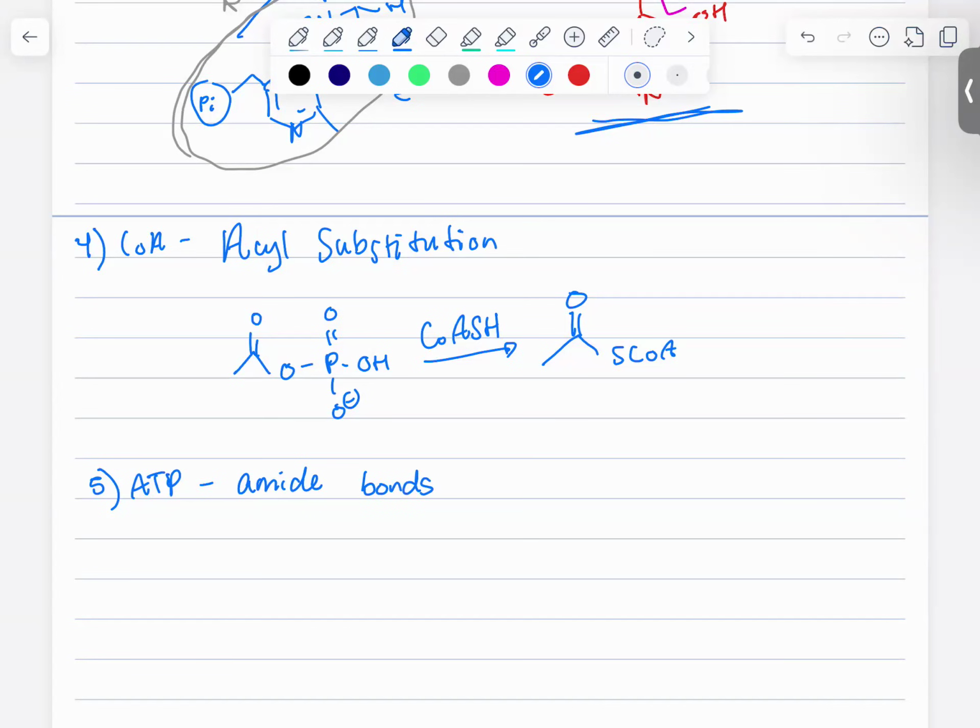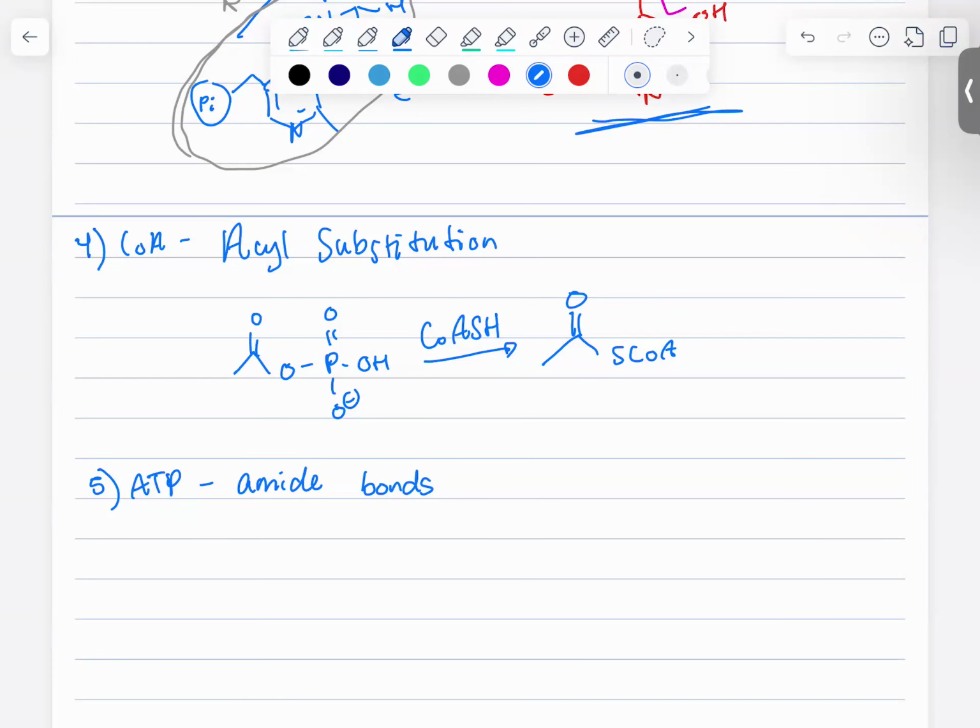We learned about it in the context of enzyme synthesis, how enzymes are built up from amino acids. And all of our little amino acids connect together by amide bonds. And so ATP is what is used to help those amide bonds form.